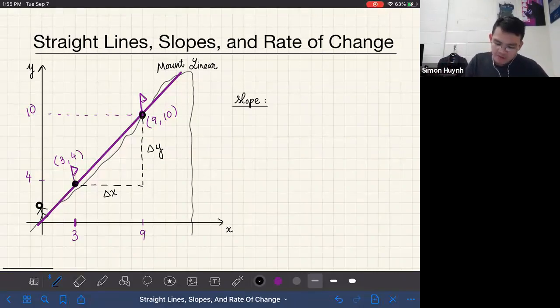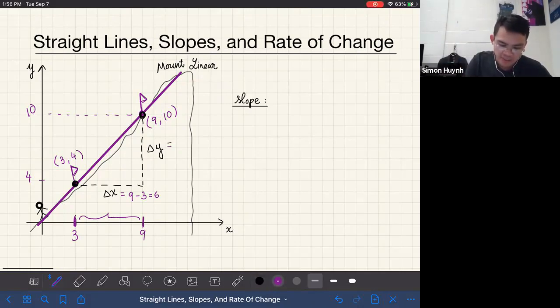So delta x is going to be 9 minus 3. So it's the difference of this x value and the other x value. So the distance here, that delta x, is 6. And delta y is the change in elevation.